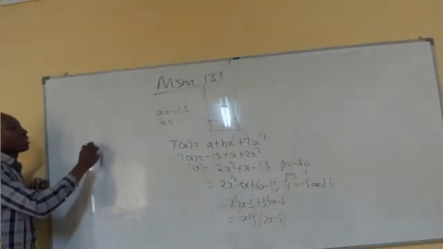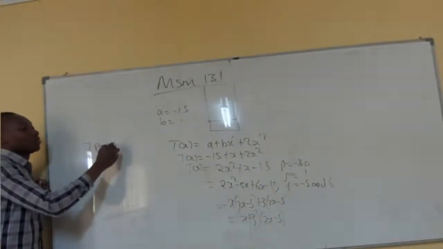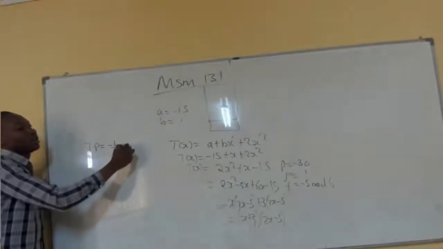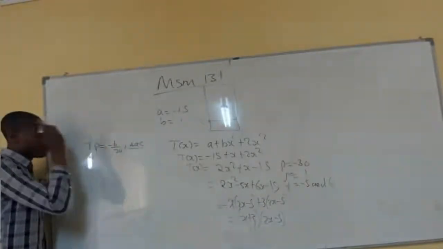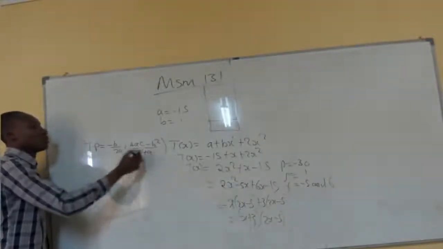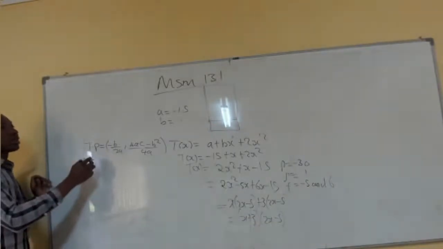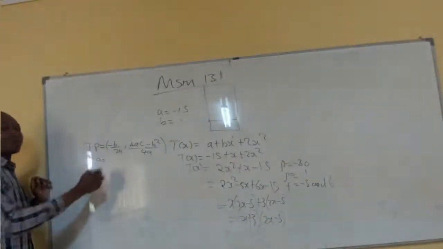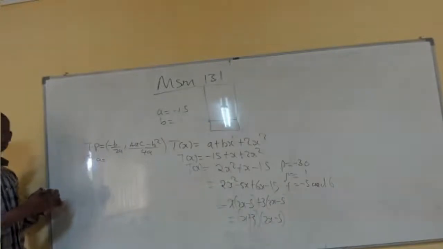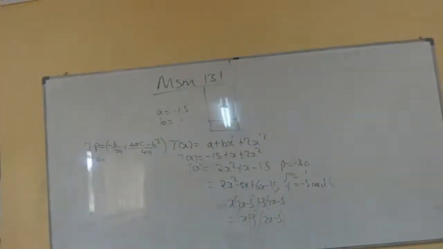But we also know that the turning point by formula is given as negative b over 2a, comma, 4ac minus b squared over 4a. So you can use that formula or you can use the completing the square method. I use the completing the square method.